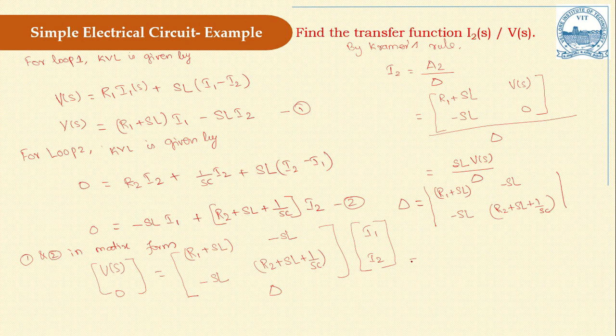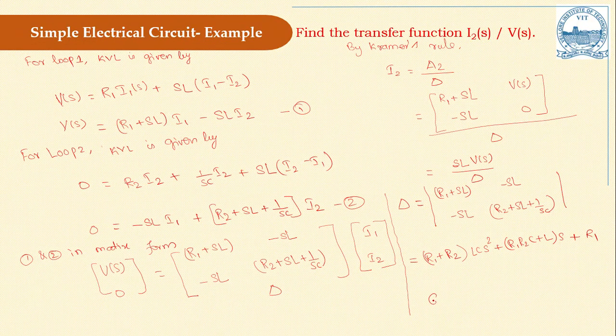Okay, the determinant value reduces to R1 plus R2 LC S square plus R1 R2 C plus L into S plus R1. So this is the value of delta. Upon substitution, we'll get the value of I2. So what is our expression actually?